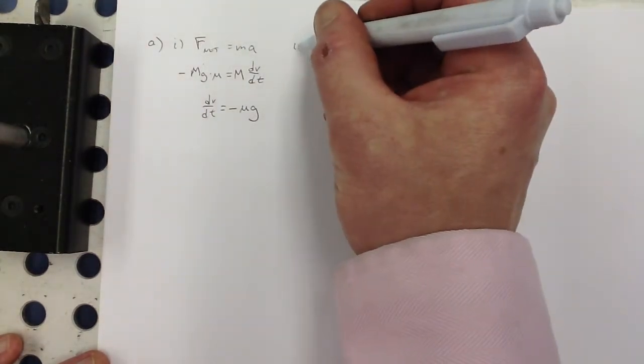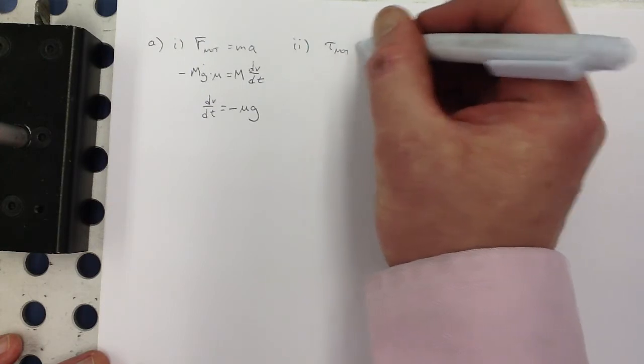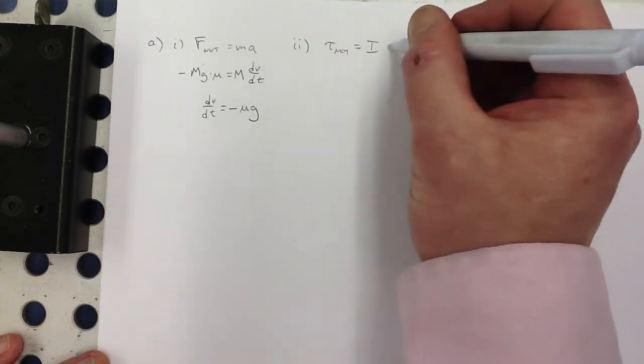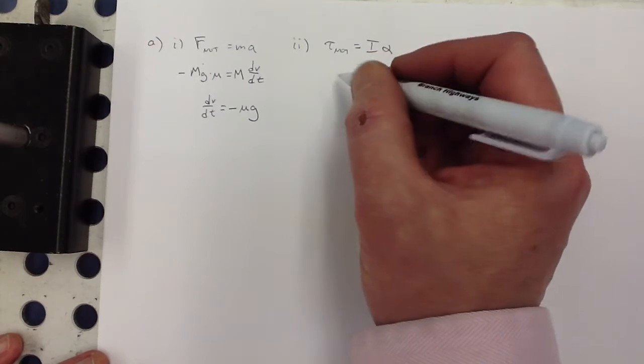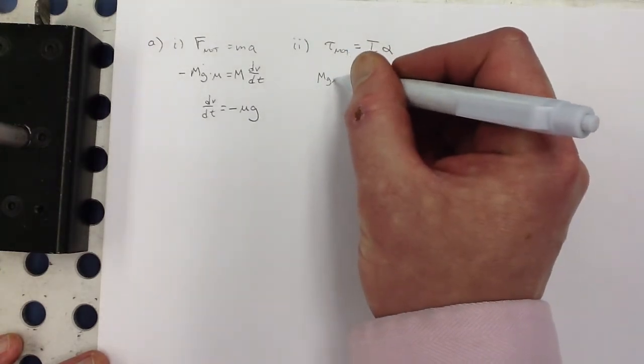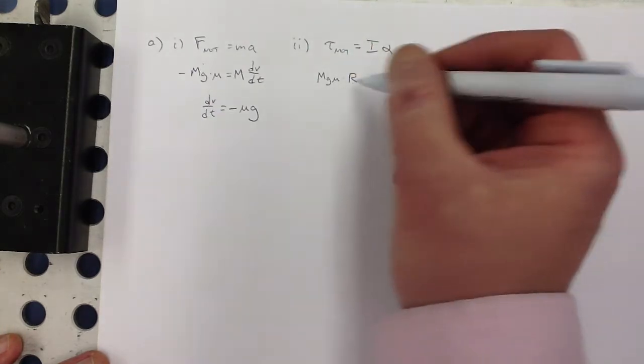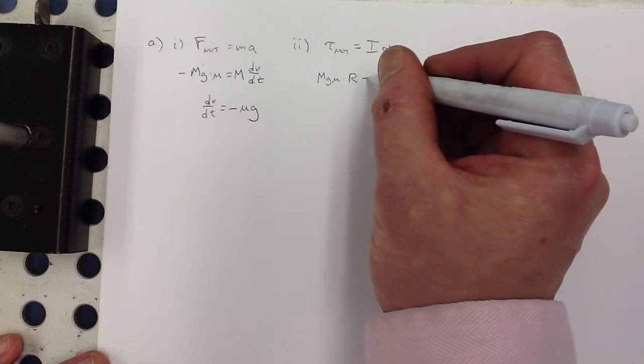All right, part 2 of that, they want me to do the same thing, but now with net torque equal to I alpha. The net torque is coming from friction, so that's m g mu times the radius. Force times radius gives me torque. It's at a 90-degree angle, so I don't need a sine theta.